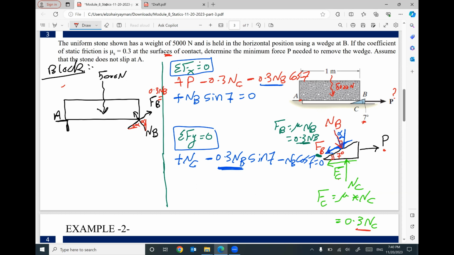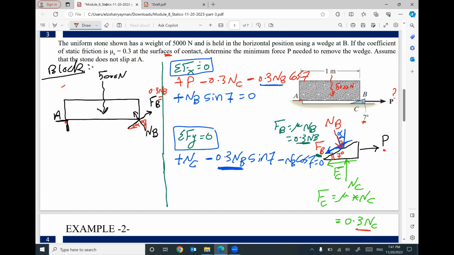Does that make sense? I don't like to apply summation Fx, summation Fy for this block because I will go through what is going on at A. So I don't like to make it more complicated, but if you want, that's fine.